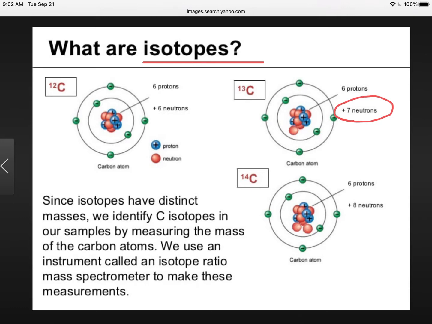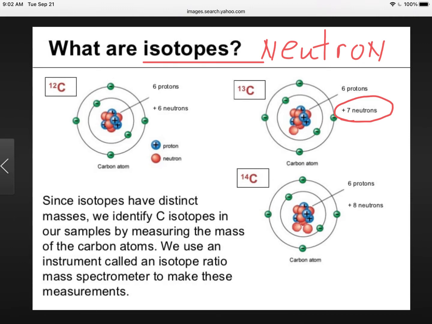Now, because your neutrons change, your mass is going to change. So where ions deal with the electrons, your isotopes are going to deal with the neutrons. Did everyone get that definition? You don't need to write this whole frame down, just the definition I'm giving you.